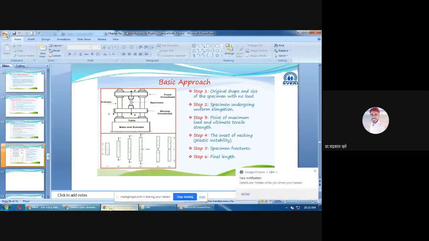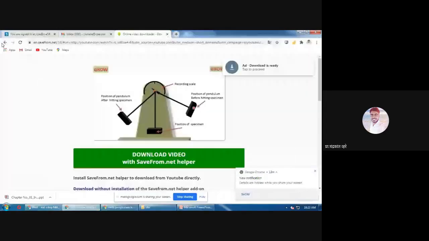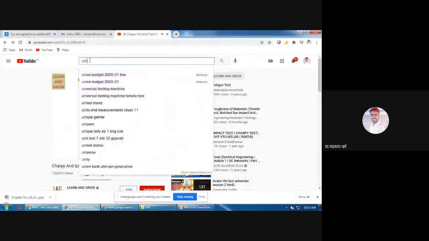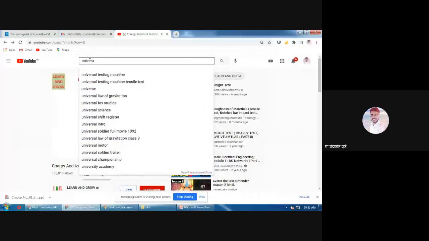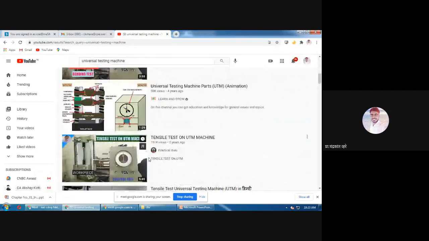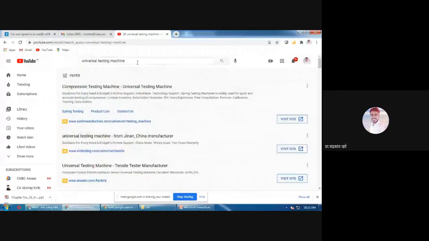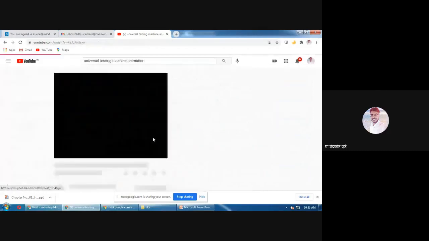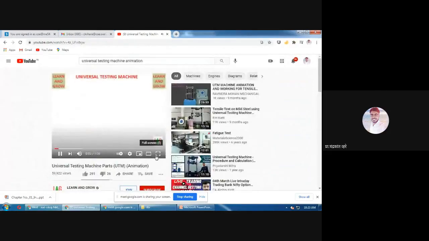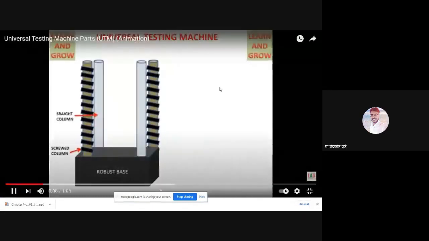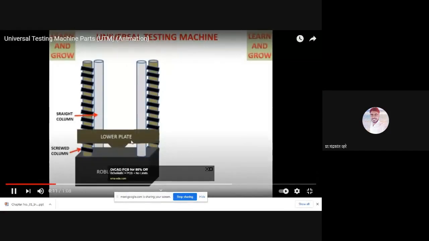Okay. So in our college, in diploma, this machine is available. I thought everyone had seen it, but you may have forgotten which testing machine it is. So here we have one video of the universal testing machine. These are the screws. This is a lower plate.